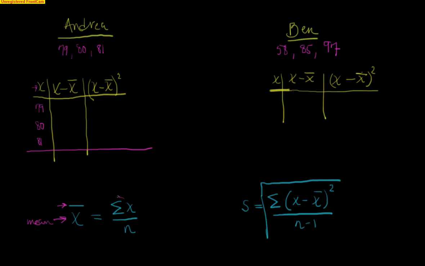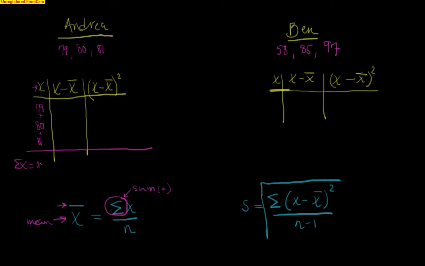Okay, and this sigma sign, which is a Greek letter, all that means is sum. Add them up, which is addition. Just add everything up. So if I sum up X in this column, all that means is add 79 to 80 to 81, which gives me a sum of 240, right?